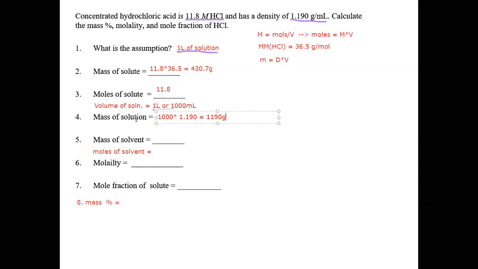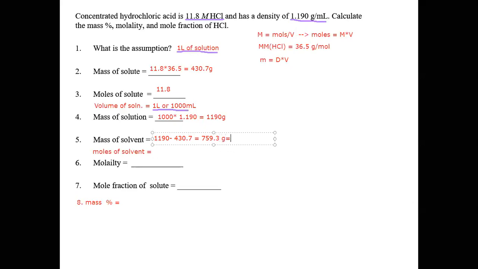So now we know the mass of solution. We know the mass of solute. We can find the mass of solvent by subtracting the mass of solute from the mass of solution. So we have 1190 minus 430.7. 759.